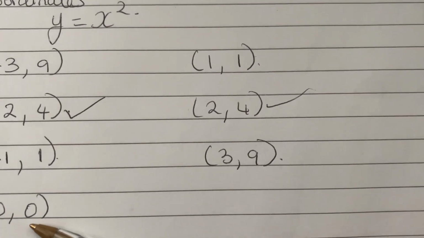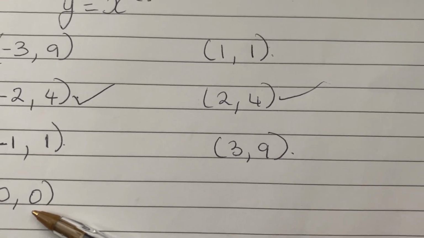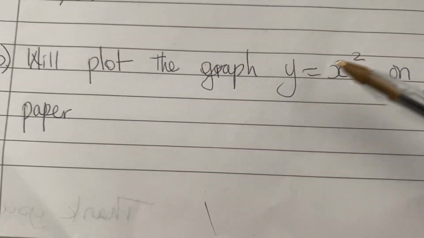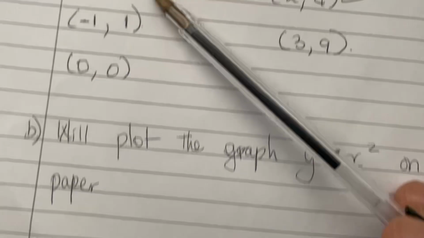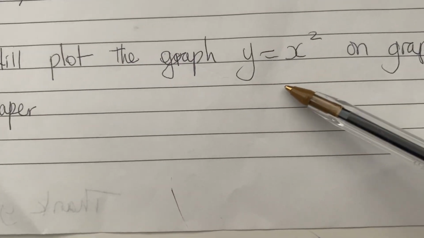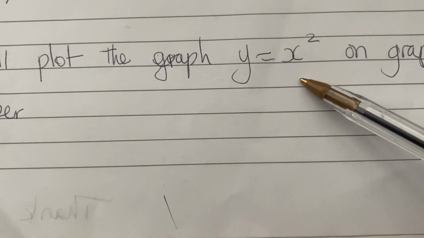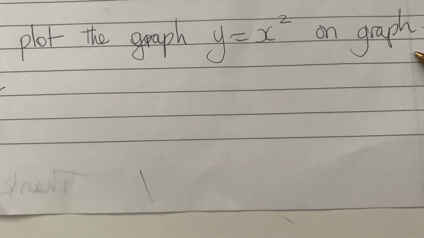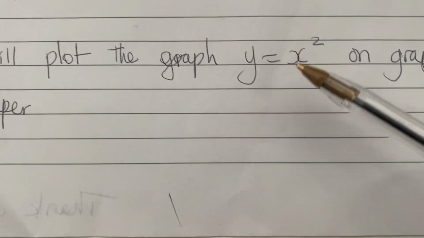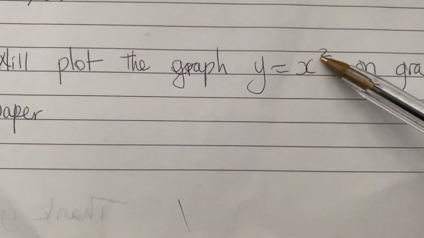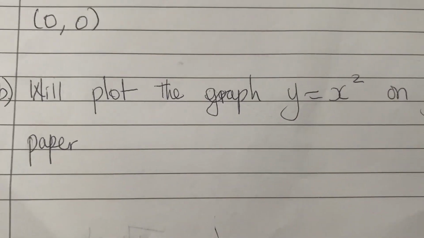Again, it's your answer booklet, and then use it to plot. So I'm going to use these points to plot the graph y equals x squared. And because the x squared is positive, I'm expecting the parabola to open upwards.